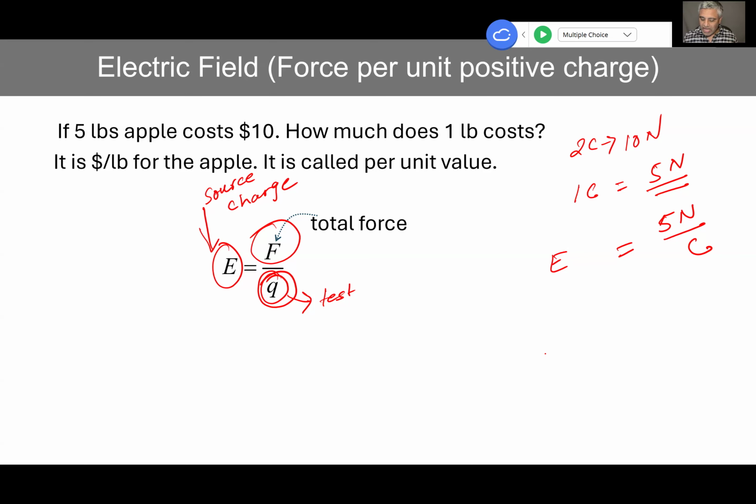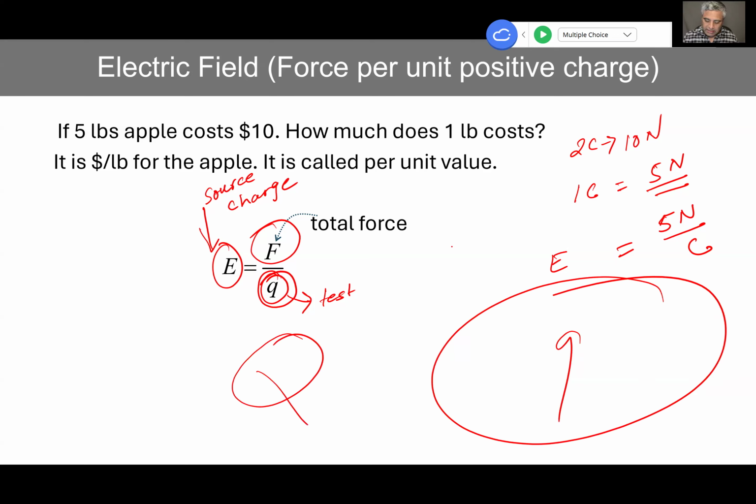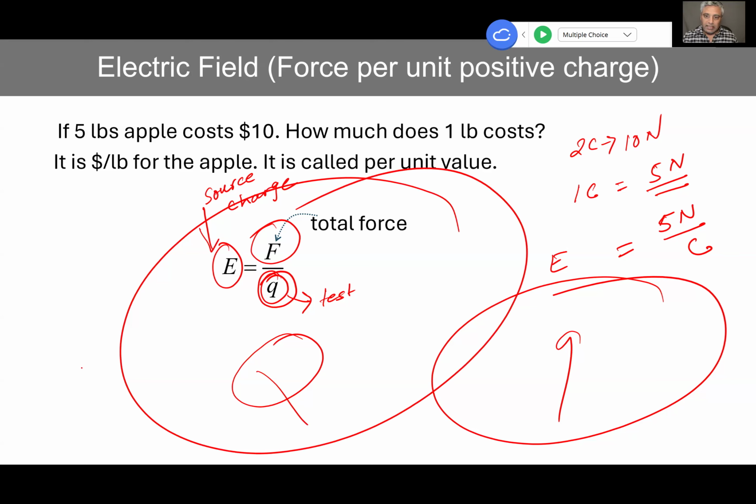Once we have a charge, it creates a field. But to check if there is a field or not, what you need to do is bring a charge. That's why we call another charge a test charge, and that experiences force.